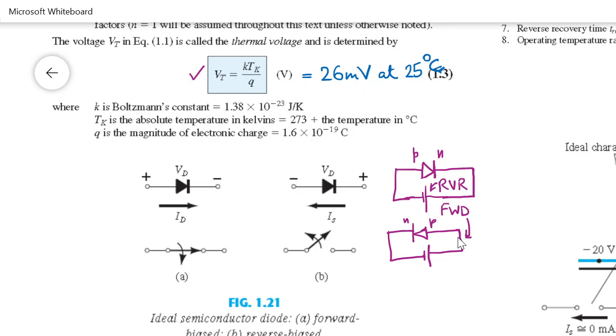Okay. But there is a fundamental difference between a switch and the diode. When a switch is on, current can flow in any direction, in both directions. However, when the diode is on, current can flow only in one direction, only from the P side to the N side. Current cannot flow in the opposite direction.